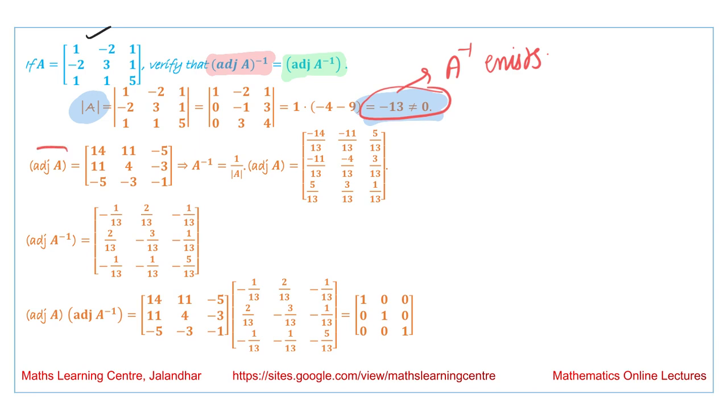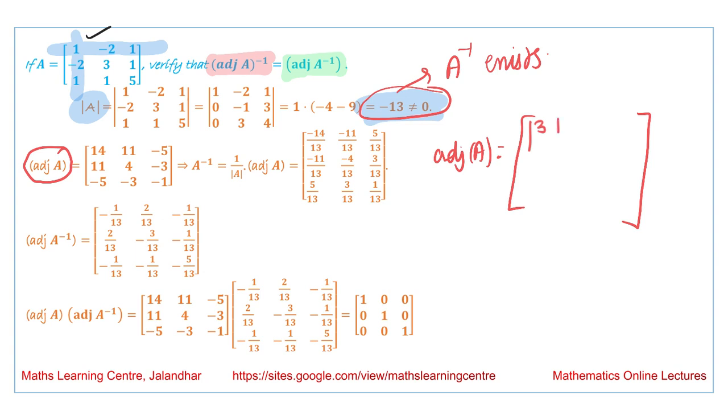Now we calculate the adjoint of A. The first term we will have corresponds to this matrix. We leave this row and this column, and the element we have is 3, the determinant of [3, 1; 1, 5].